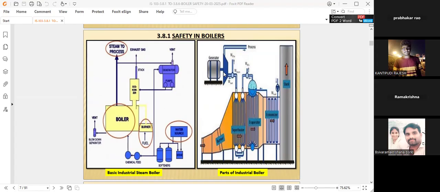It will go to the turbine, and thereby it gives MP steam, LP steam, condensate, and also power. After the flue gas goes through the superheater, you will get some cinders, or the ash will be there.